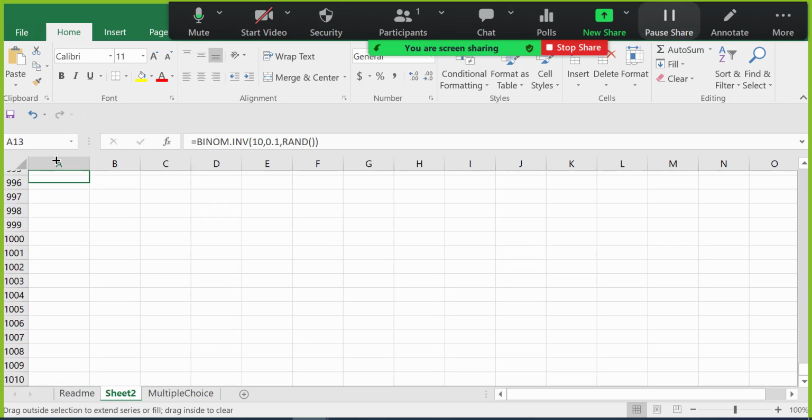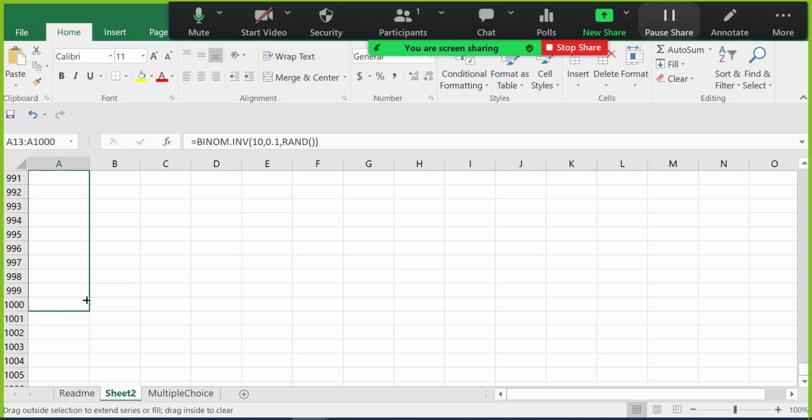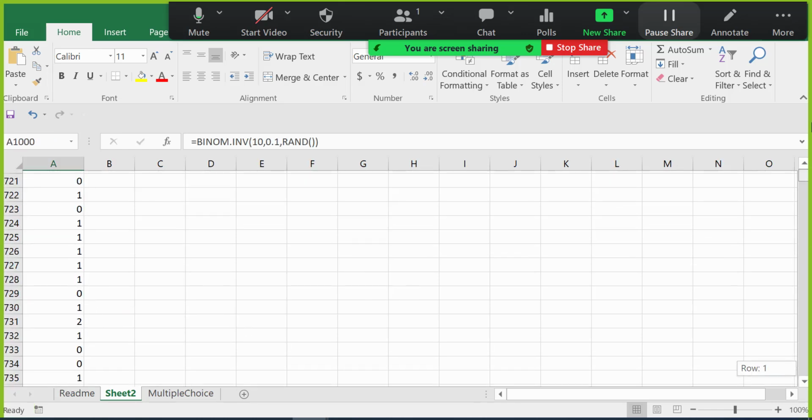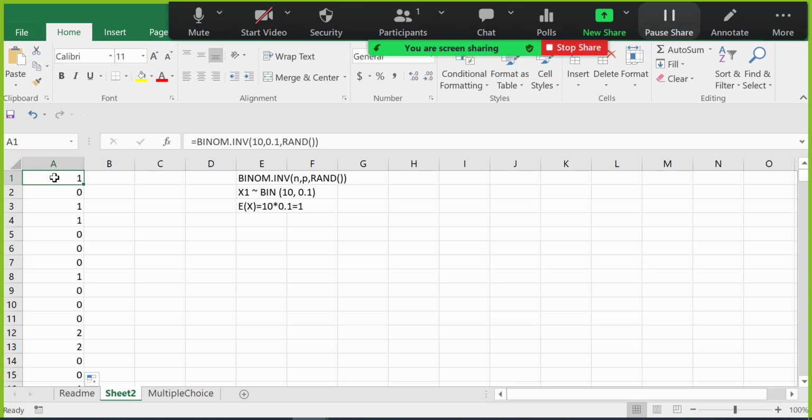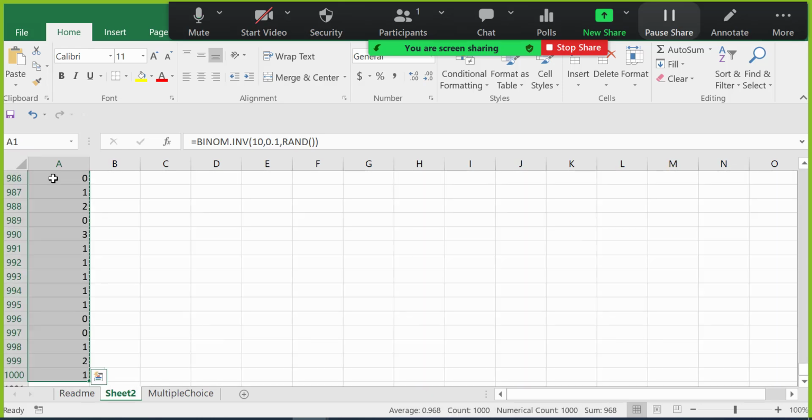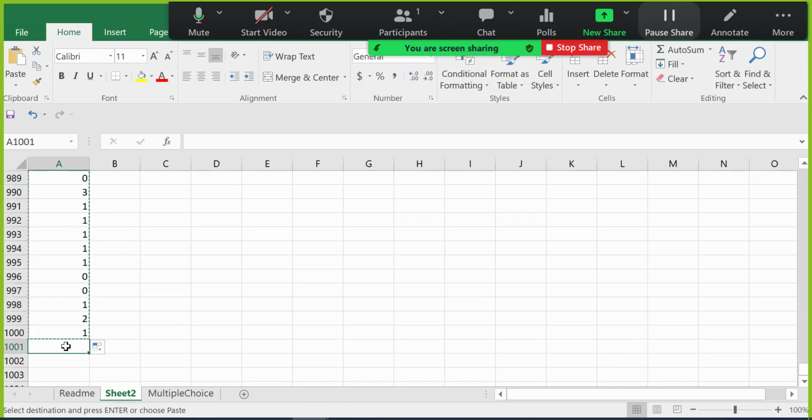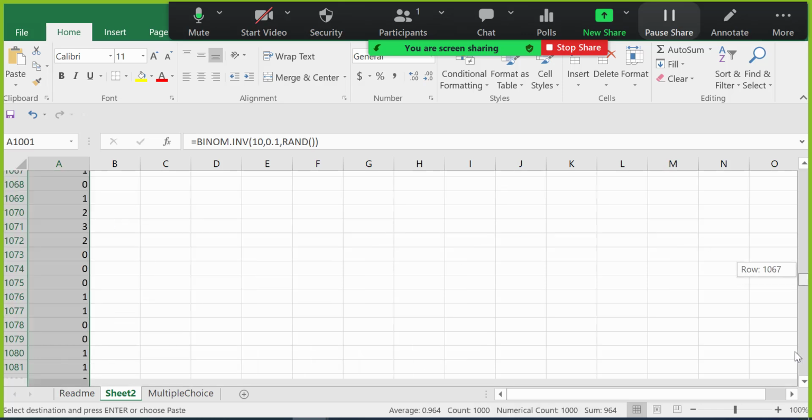Okay, so see, this is 1,000. So I tried the experiment 1,000 times. And then if you have a PC, you just press shift control down key, and then you copy this 1,000. It's like you copy the formula.